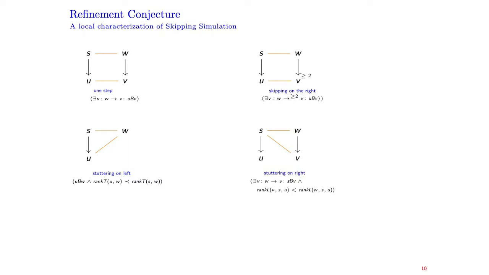Intuitively, on the left side is the implementation, and on the right side is your specification. So S and U are the states of your implementation, and W and V are the states of the spec.